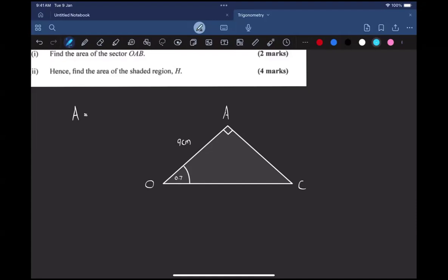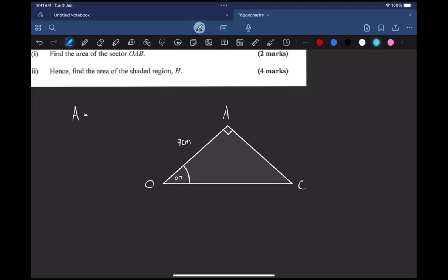Yes, we could use trig ratios. For a right angle triangle, what are two things you could do on it? You could do Pythagoras theorem and trig ratios.